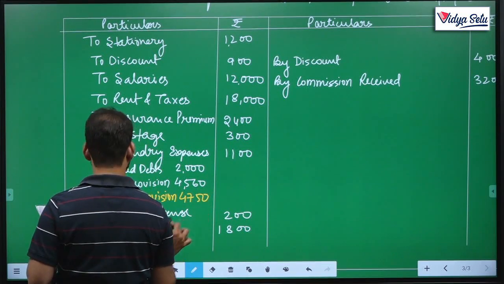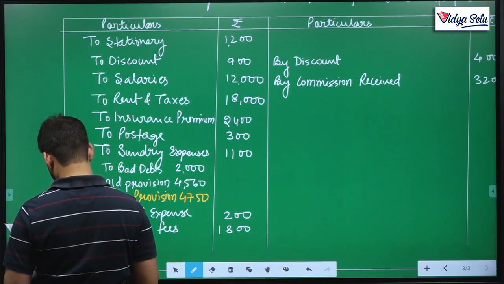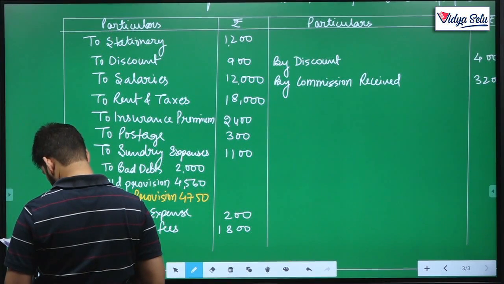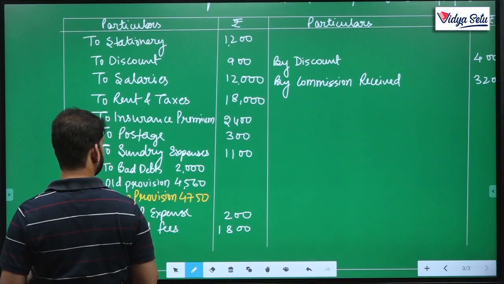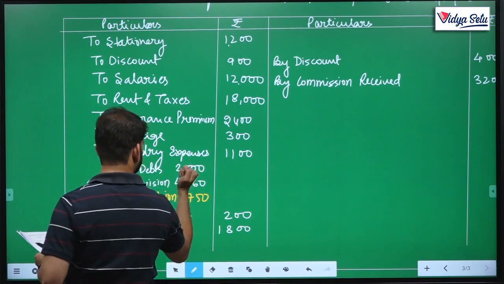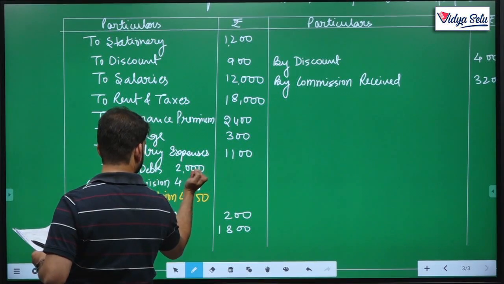The old provision that was given was 4600.